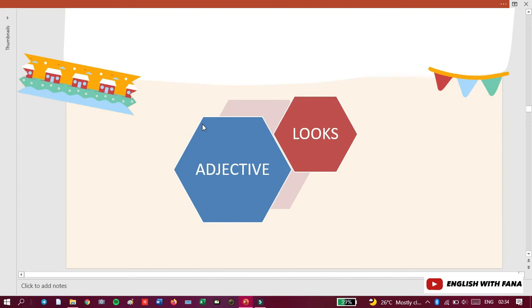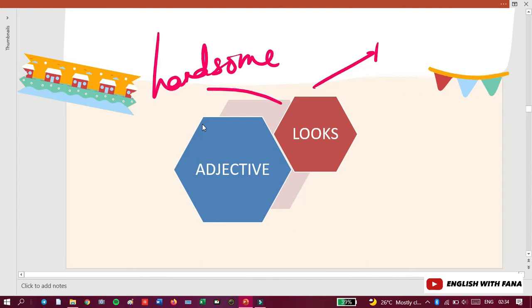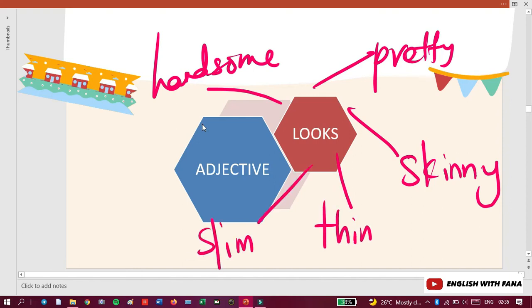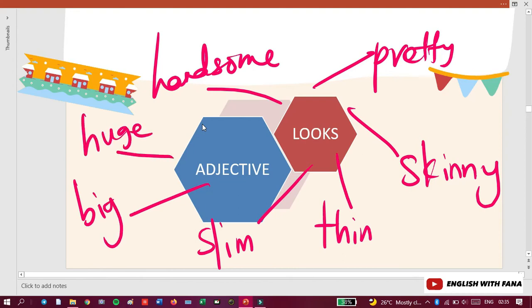Next, looks. Things that we can see. Handsome, pretty, skinny, or thin, kurus, slim, big, huge. These are the words for looks.